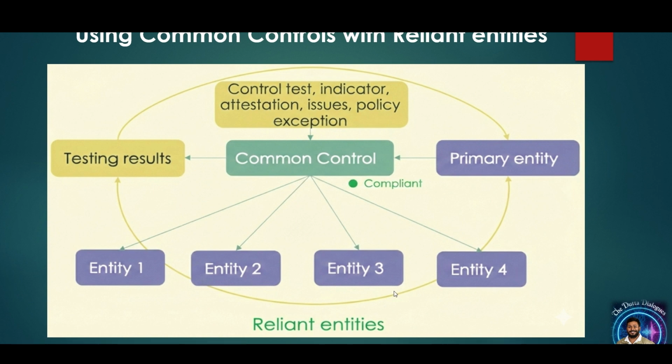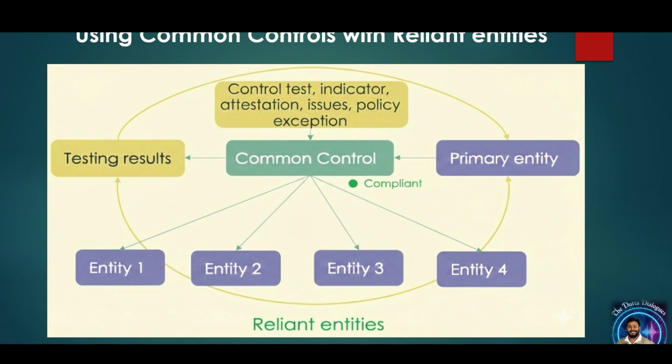And then it will help you to do the control testing, indicator attestations, issues, policy exceptions on this common control. And this will help you to reduce the time for checking the testing results here, because it will reduce the redundancy of the workforce too.